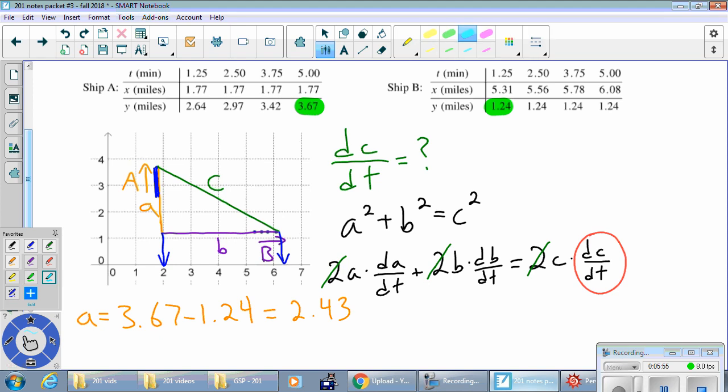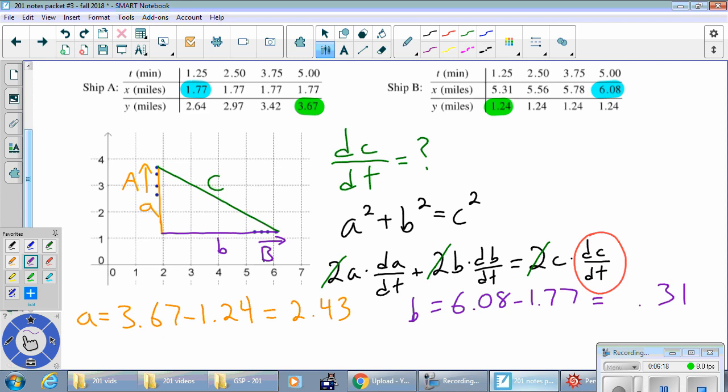So we'll highlight here the X value for the last point for B, and then the X value for any point for A. So we subtract those numbers. So B is equal to 6.08 minus 1.77. I get 4.31.